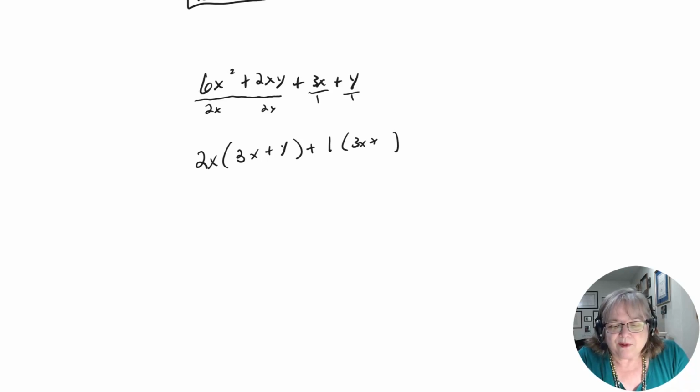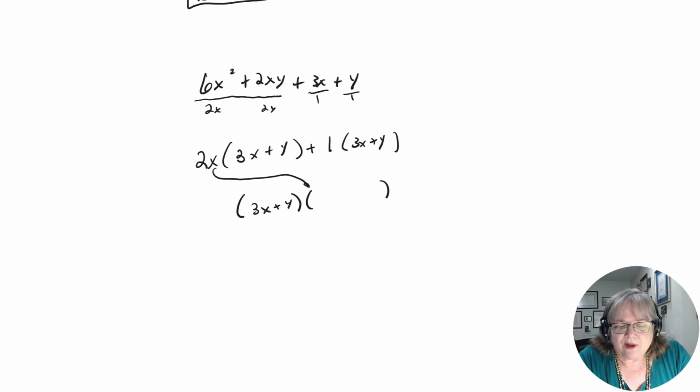And here's your 3x plus y again. So when you're doing this process, if the only thing that's in common is a 1, you have to actually demonstrate the 1. You have to show the 1 so that when you do this, you bring down this 2x and you bring down this 1 right here.